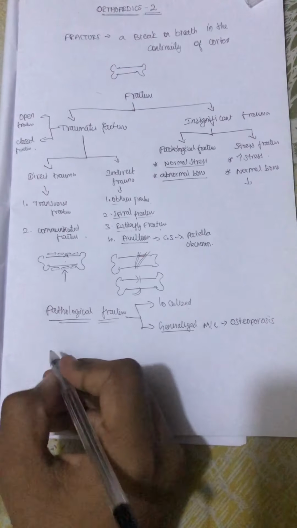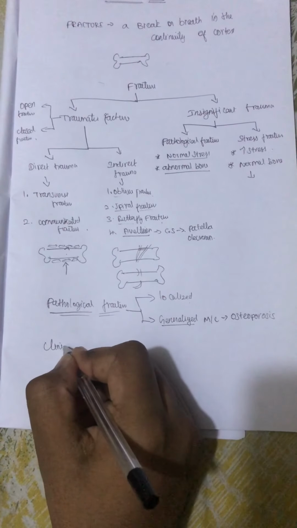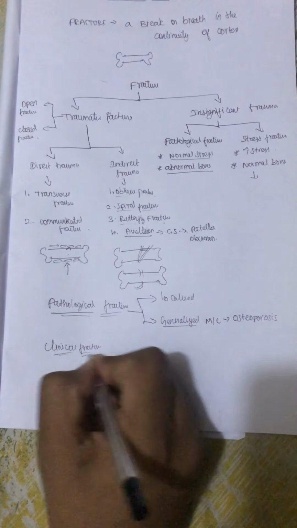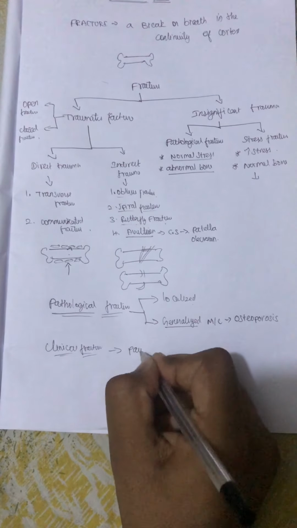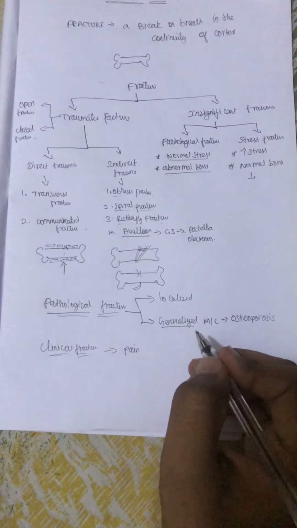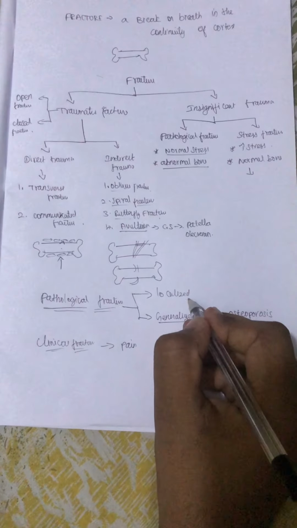So the main clinical feature we can see here is pain, extreme pain. If a patient comes to you and says they are feeling very weak in a particular part of the bone, for example in the ankle, we can say it is a localized pathological fracture.